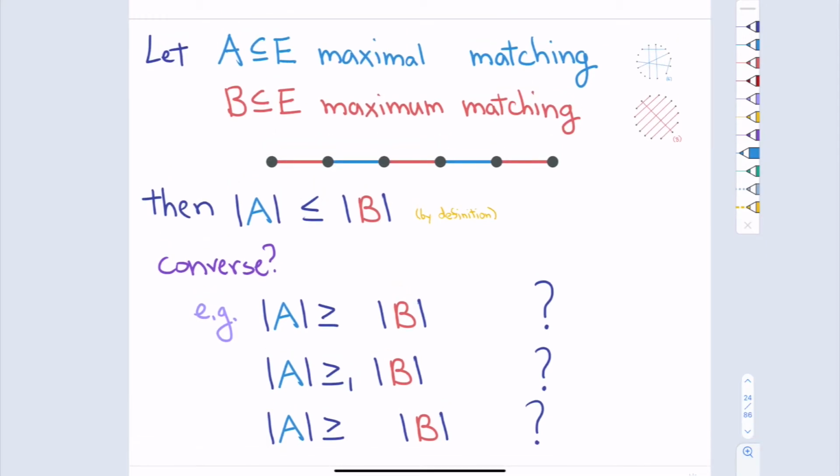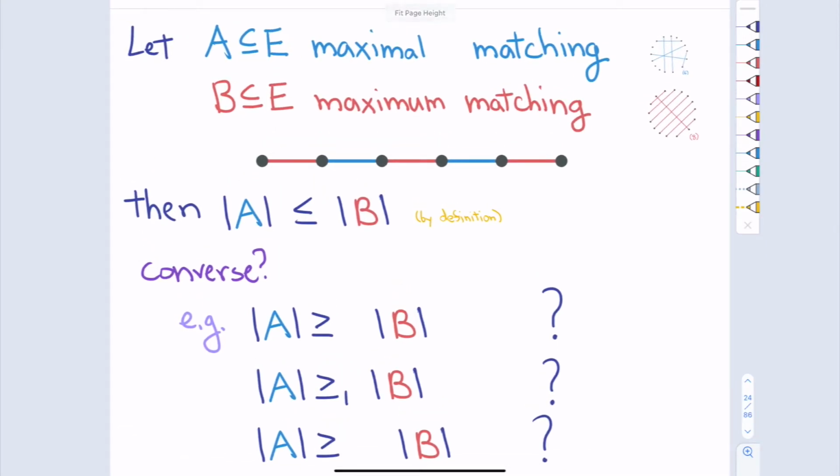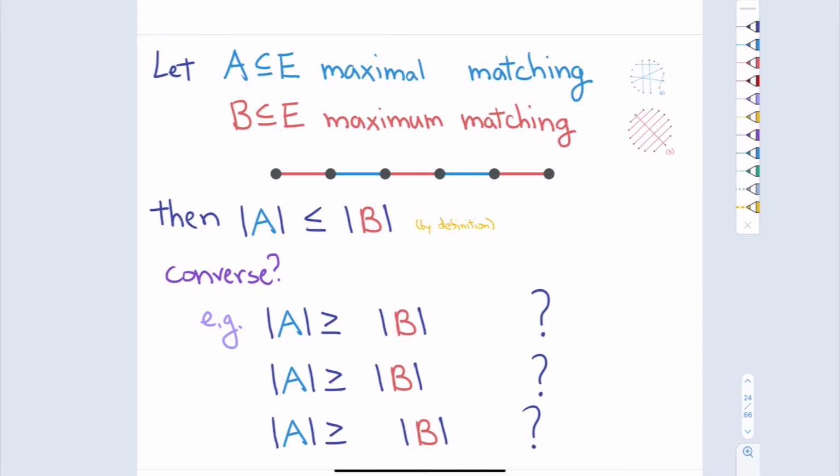So what I want to do is look at the difference in size between a maximal matching and a maximum matching. I know that, of course, a maximum matching has at least as many edges as a maximal matching, because that's what maximum means. I guess the question is whether there is some kind of converse relationship.